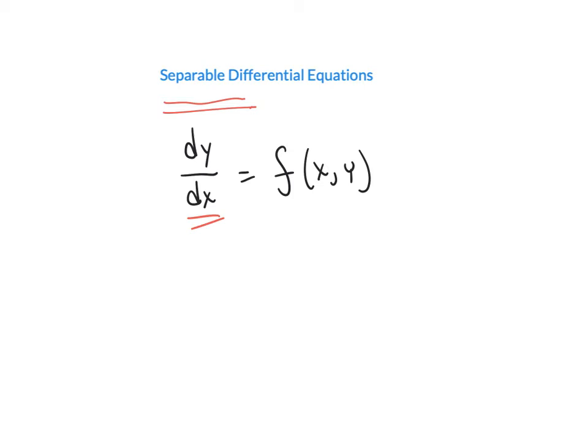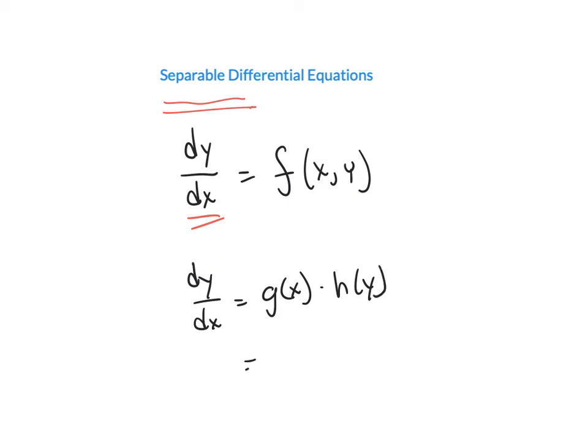So in order for a differential equation to be considered separable, the function f of x and y actually has to be a product. So something like dy over dx equals g of x times h of y.